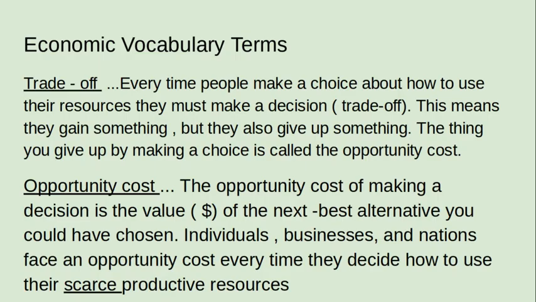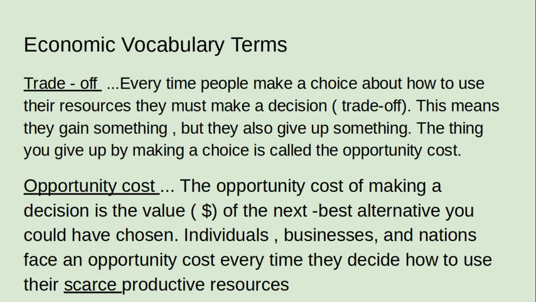Here are some vocabulary terms. We've talked about trade-off before in one of the other lessons, that a trade-off is simply a choice. Every time you make a choice, because of scarcity, it's called a trade-off. We don't have enough of something, we've got to make choices. So we call that a trade-off.